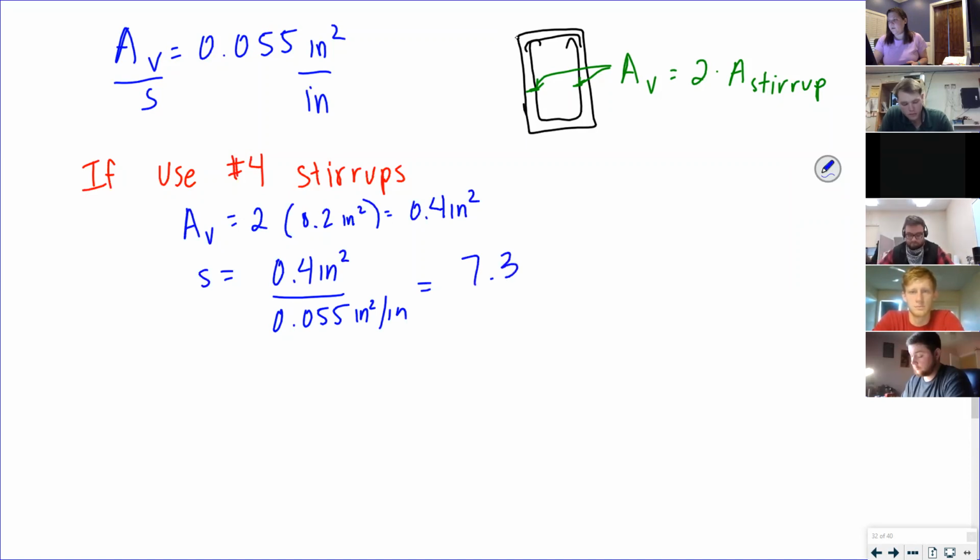It's something like 7.3 inches. So I'm going to put number 4s, and you would need to round down to increase the steel, so you could put number 4s at 7 inches, or number 4s at 6 inches.